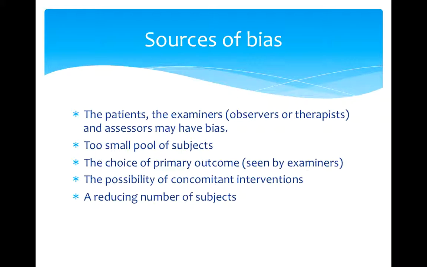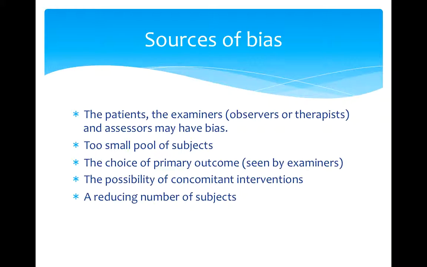Next part, I'm going to talk about the sources of bias. The sources of bias could be any of those I have listed. The patients, the examiners, or observers, or the therapists, and the assessors may have biases. Too small a pool of subjects.